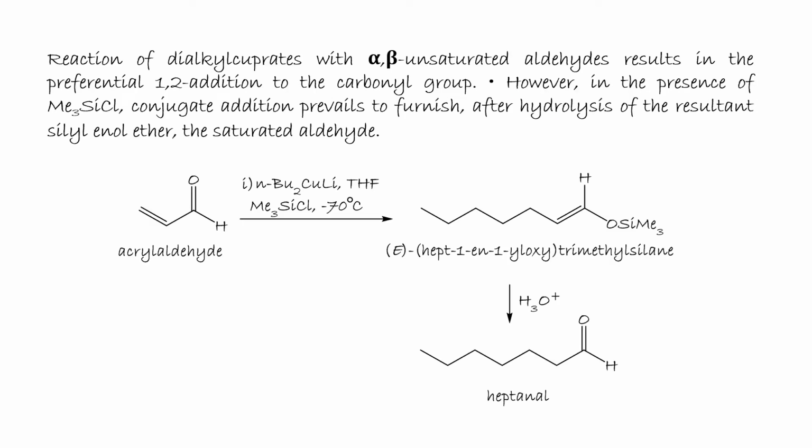Reaction of dialkyl cuprate with alpha-beta unsaturated aldehydes results in preferentially 1,2 addition, in the case of aldehydes, not ketones. However, in the presence of trimethylsilyl chloride, conjugate addition prevails to furnish, after hydrolysis, the resultant silyl enol ether.